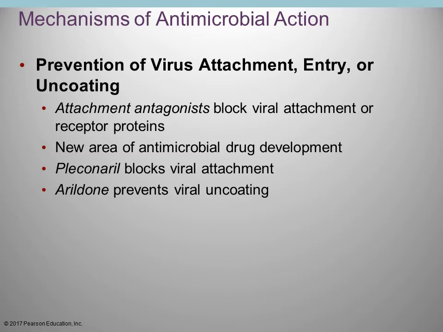So if you can't prevent it from attaching and you can't prevent it from penetrating, then maybe you can prevent the uncoating. So essentially, it's looking at all the stages of their life cycle and how viruses replicate. And there's various drugs that can interfere with the various steps along the way. It's kind of like, well, if I can't stop you at point A, then I'm going to develop a drug that can stop you at point B. Well, if point B doesn't work, then we've got something for point C.